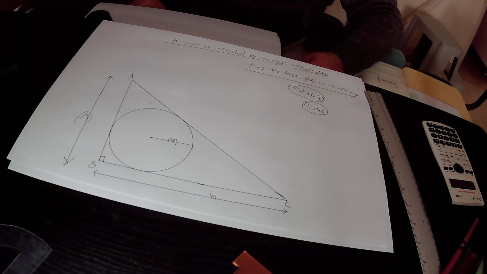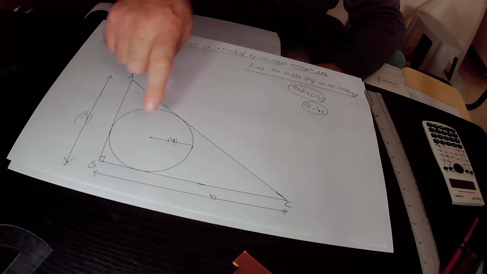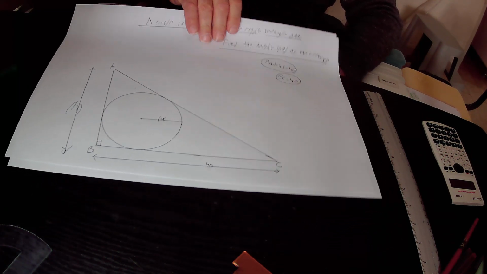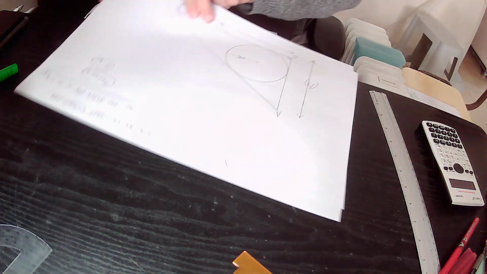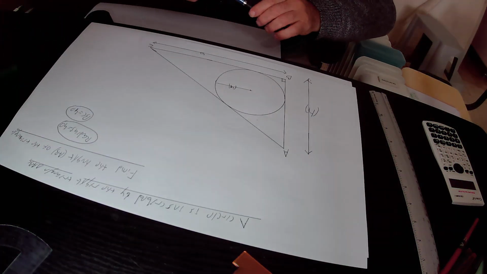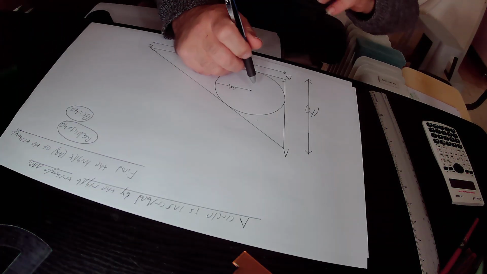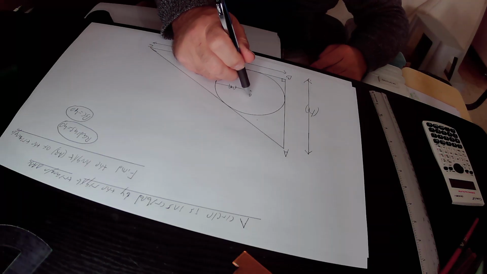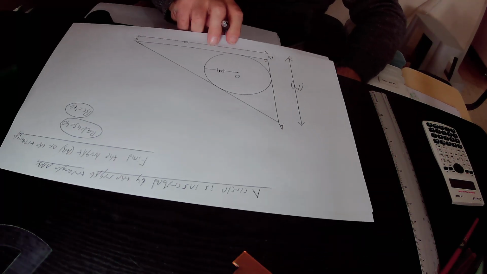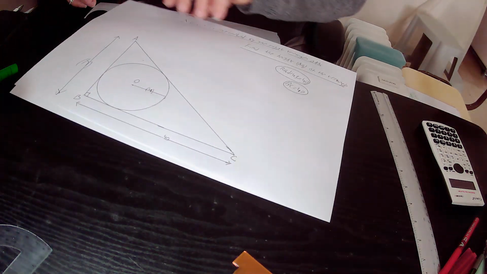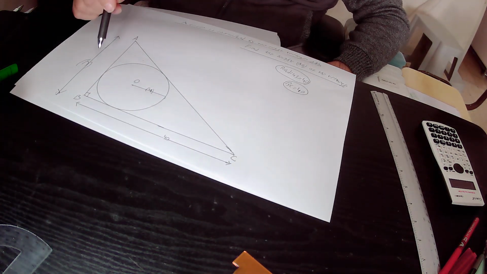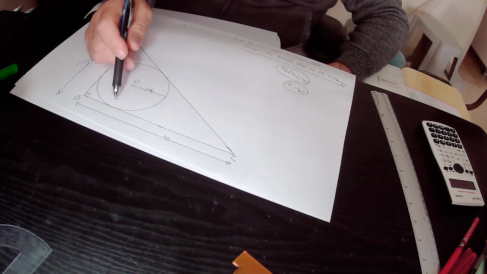So first of all, we will define the relevant points to this question with letters. We will define the center of this circle. This point is point O. Likewise, we will define the point of tangency of tangent BC with this circle.